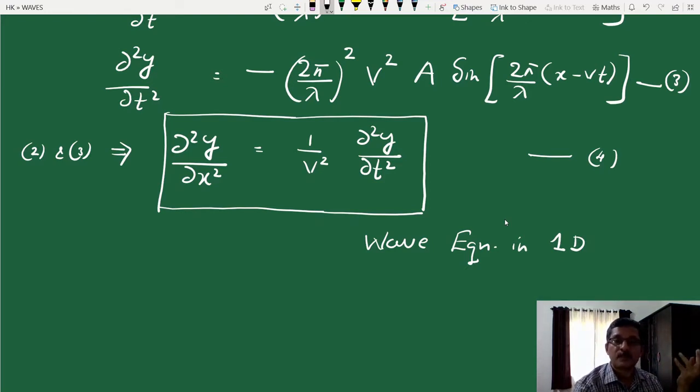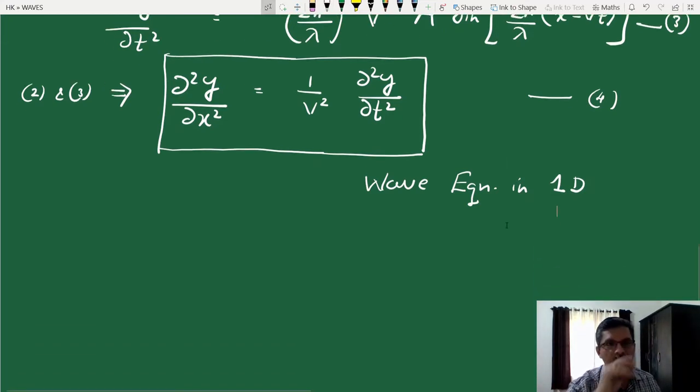What is the wave equation for a wave propagating along 3 dimensions? Then on the left hand side, this wave function will depend upon x, y and z. Maybe we have to use another symbol for the wave function. Maybe we can use psi. So that wave function will depend on x, y and z.